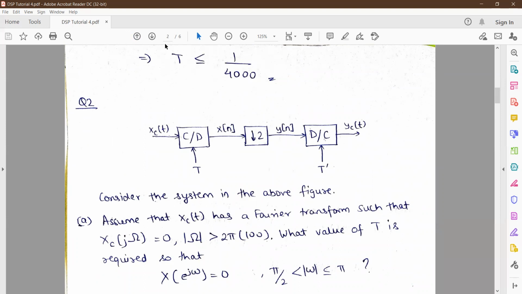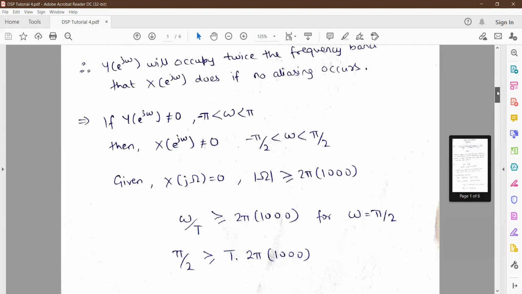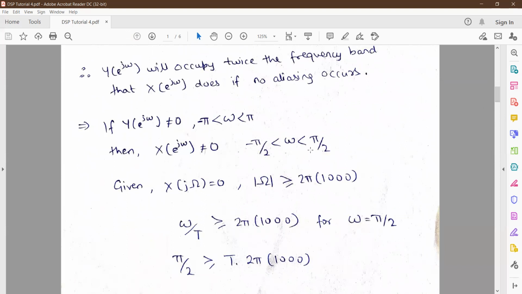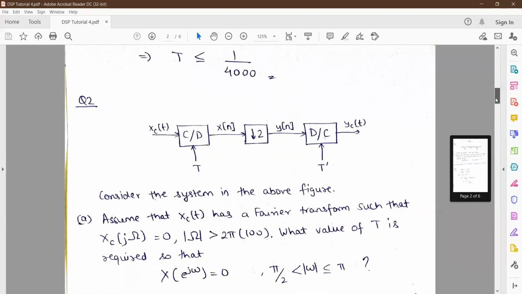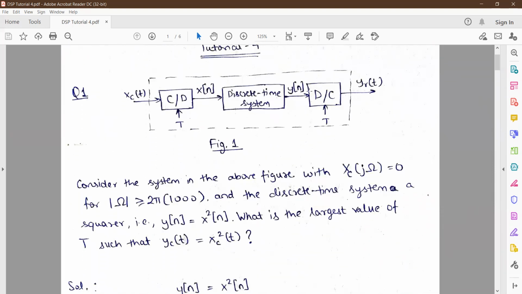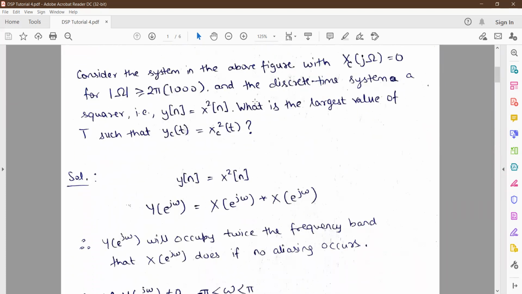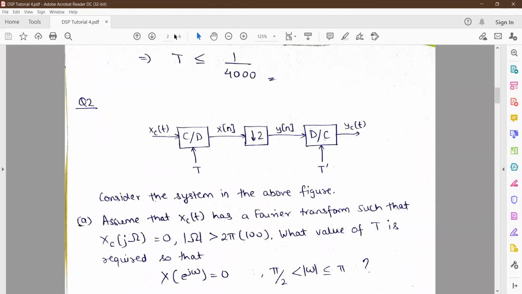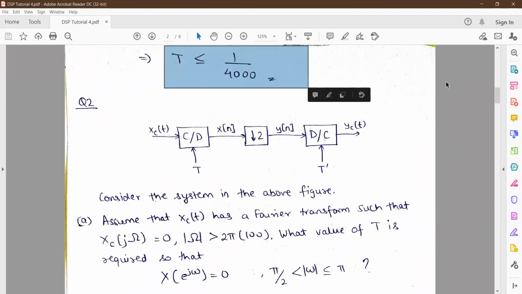So this is the largest possible time period, because we have taken it corresponding to ω equal to π by 2. So any T less than or equal to 1 by 4000 is the answer. This is the largest time period.